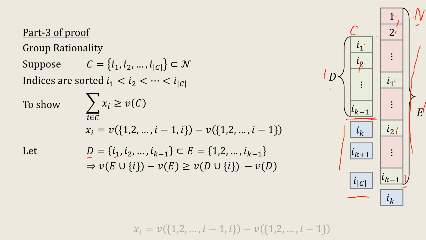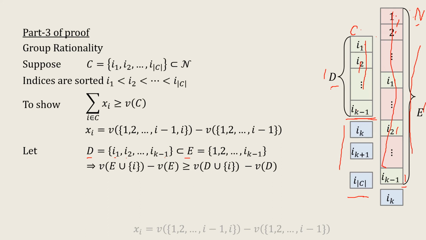So D is a subset of E, which is all the agents until ik minus 1, not only the agents that belong to C until ik minus 1.